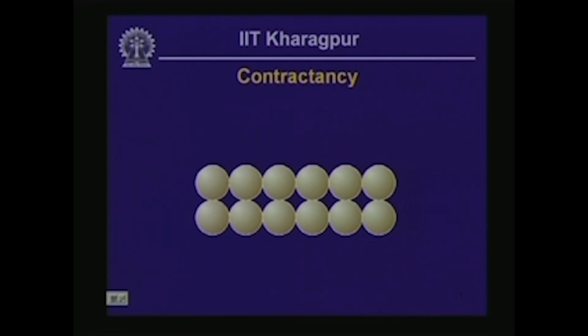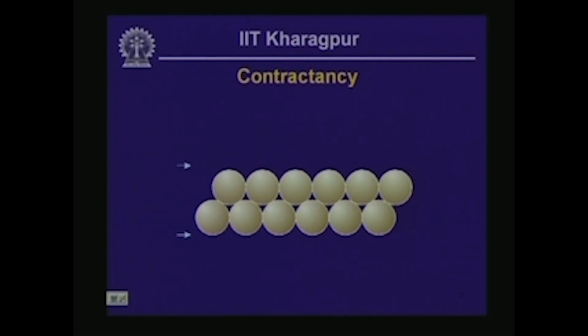Now, let us consider that these spheres are packed in a relatively loose configuration as shown on the screen. Now, what we are going to do in this case, we are going to try to keep the bottom of these two layers of spheres at the same location, and we are going to try to shear the top of the specimen by applying a shear stress on the horizontal plane to the right of the screen. So, just have a look at what happens, how the deformation evolves.